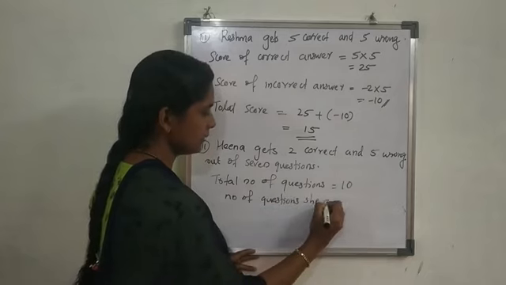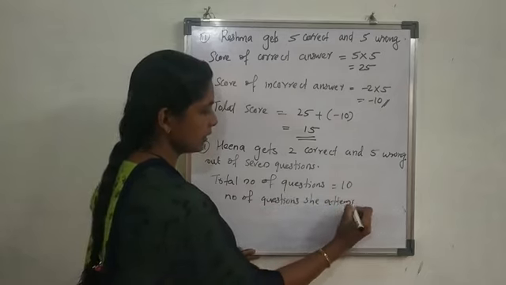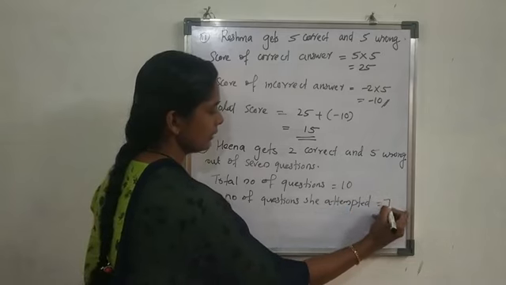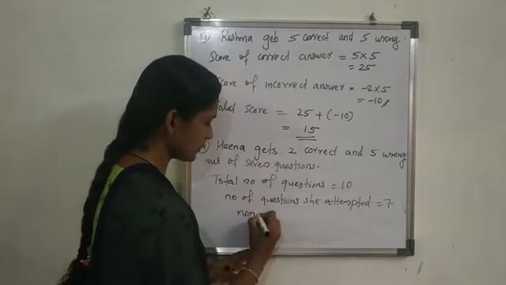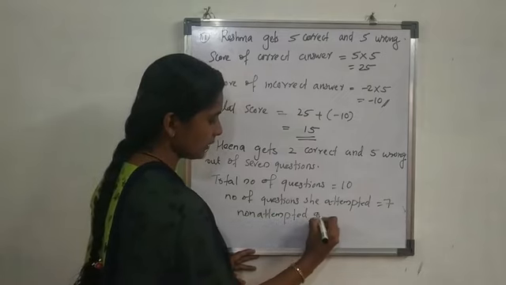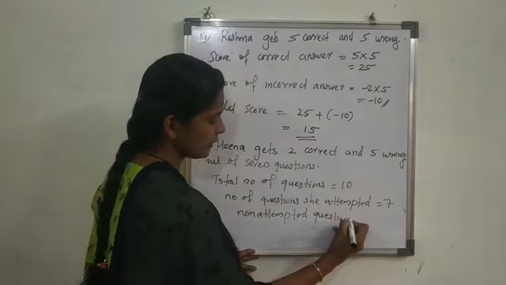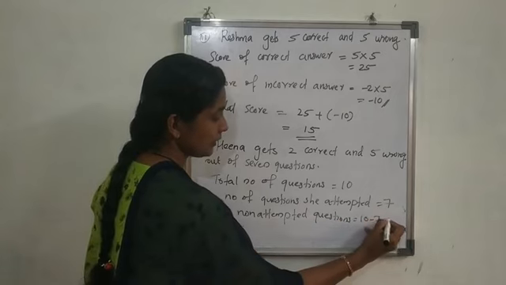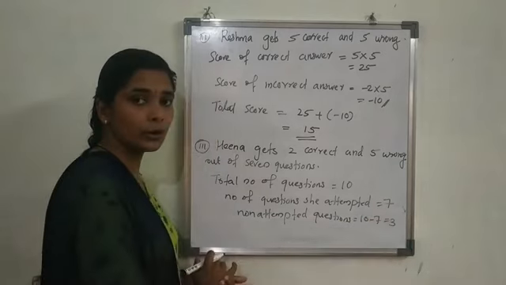Therefore non-attempted questions: 10 minus 7, 3. 3 questions are not attempted.